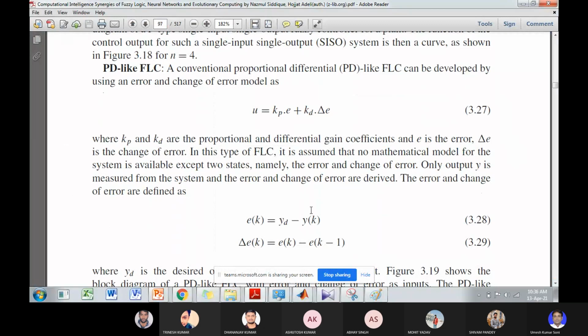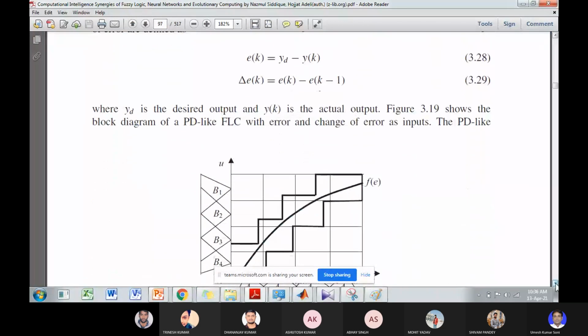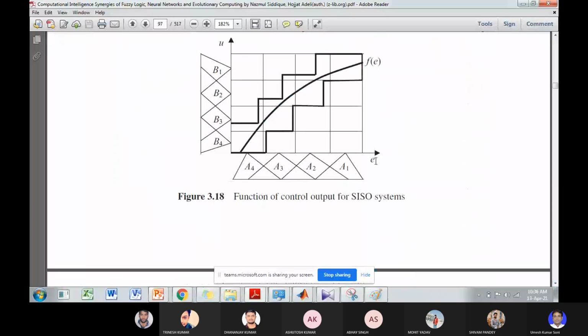So in one sample, the change between the previous sample and present sample is called the del E in discrete time. So here the PD-like controller can be defined as follows. Suppose you have error given by different membership functions a1, a2, a3, a4, and the actual output is given by b1, b2, b3, b4.